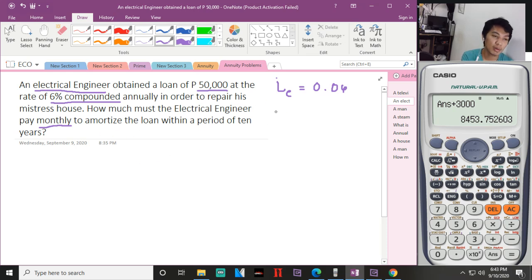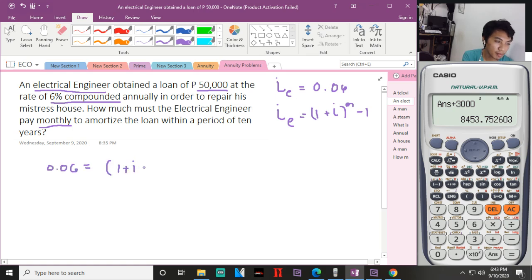So, ano ba yung conversion ng IE natin? IE is equal to yung 1 plus yung actual interest rate raised to m minus 1. So, we will first have to convert ito. So, 0.06 equal to 1 plus I raised to m minus 1.